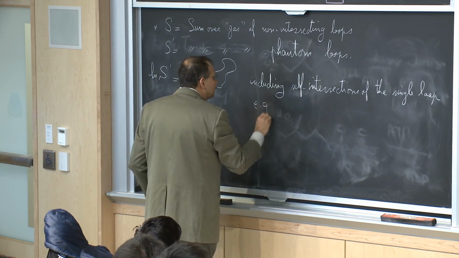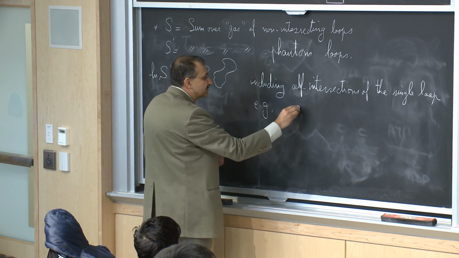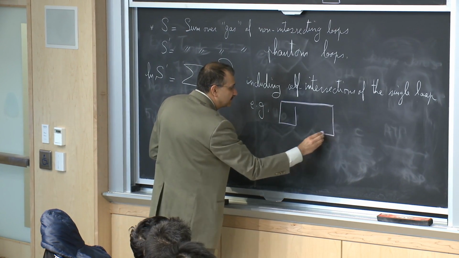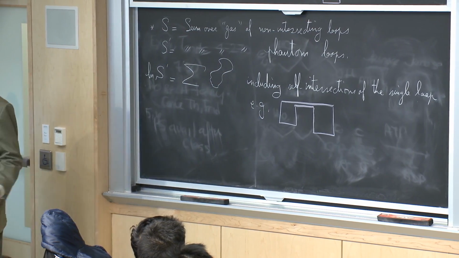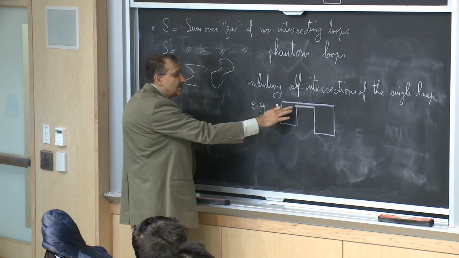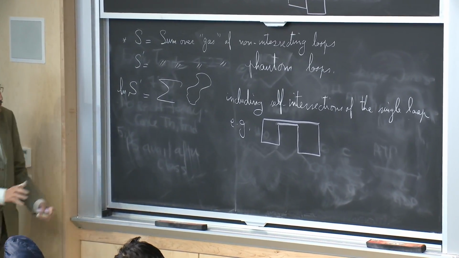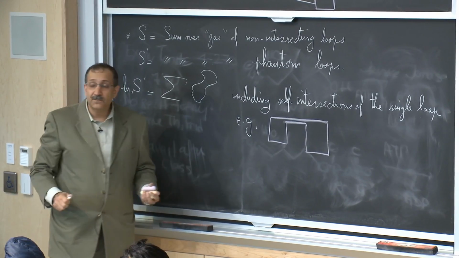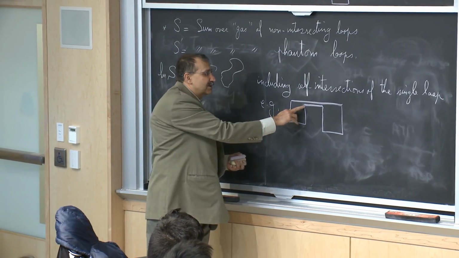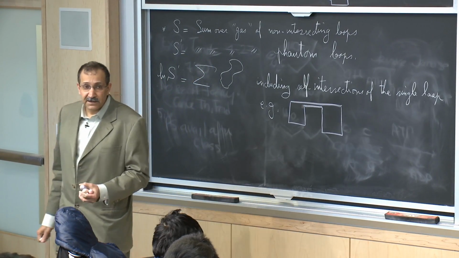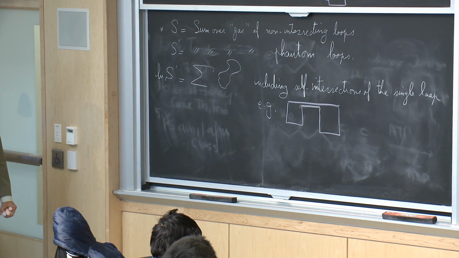For example, I'm going to allow as a single loop entity something that is like this, where this particular bond will give a factor of t squared. Clearly, I should not include this in the correct sum. But since I'm ignoring intersections among the different loops and I'm making it phantom, let's make it also phantom with respect to itself, allow it to intersect itself also. It's in the same spirit of the mistake that we are going to do. OK?